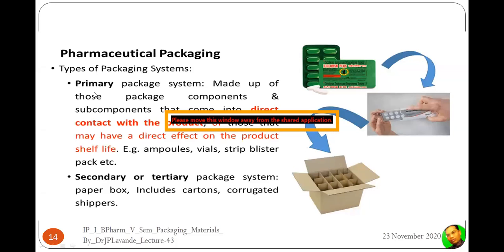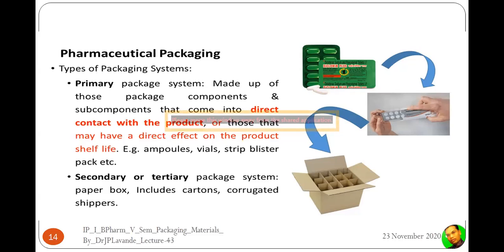So what is packaging? The primary packaging system is made up of those package components and subcomponents that come into direct contact with the product, or those that may have a direct effect on the product shelf life.